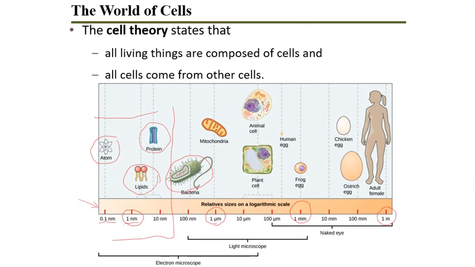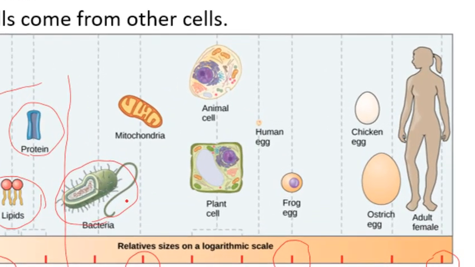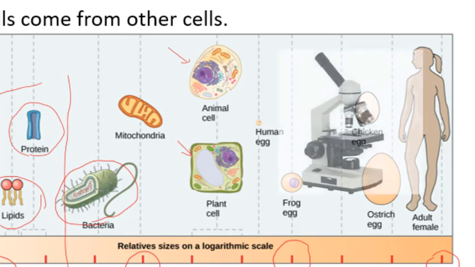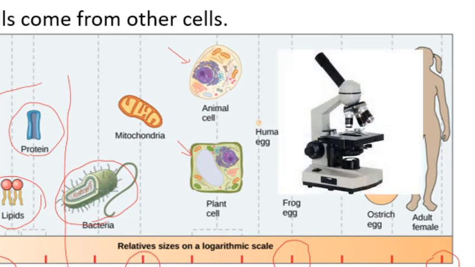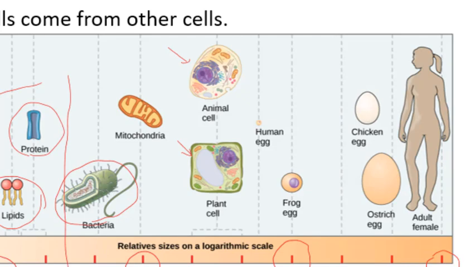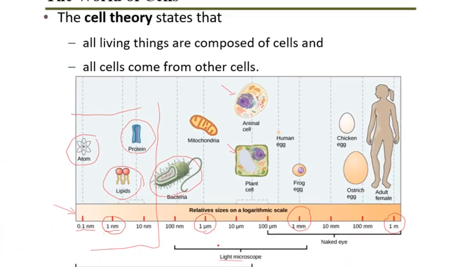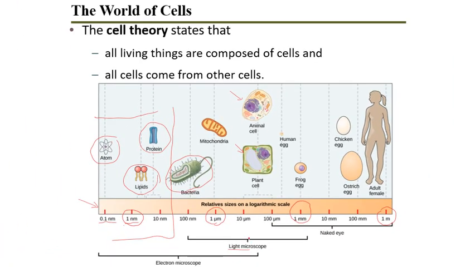Now, when you want to start to visualize cellular structures, including cells themselves, and what we have here is an animal cell, and we also have a plant cell here, in order to visualize those cells at the individual level, you need at least a light microscope. And in this class, we will absolutely work and learn how to use light microscopes. It's quite interesting, and it's quite revealing when you can see the cells.